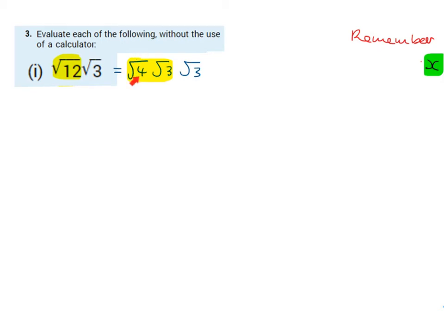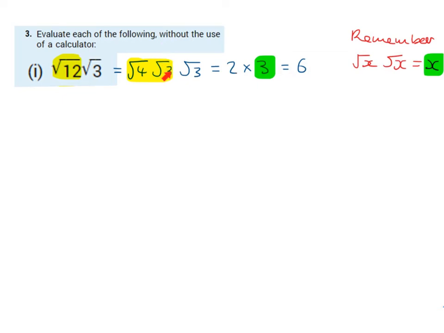So we have root 4, root 3, root 3. The 3 of these now are stuck together, which means we multiply the 3 of them. So it's important, as I said, to remember that root x gives us x. So the square root of 4 will give us 2, because 2 squared is 4.